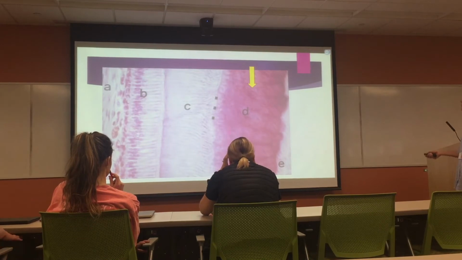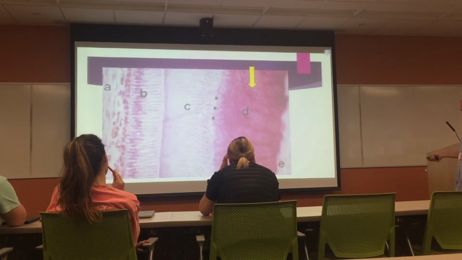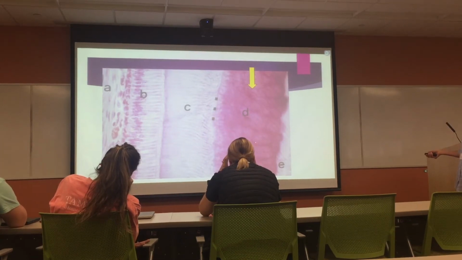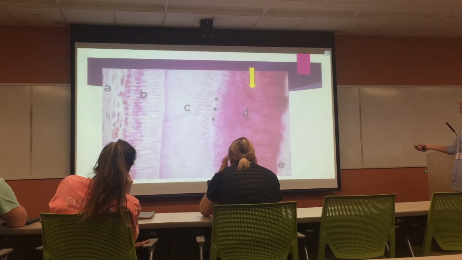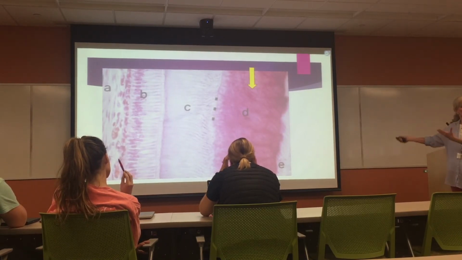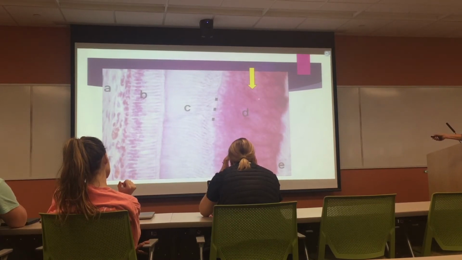What's this area right here? Yep, dentin. You can always tell dentin because sometimes you get, remember the little circular calcospherites? A lot of times in the way it's stained, it almost stains those calcospherites, so you have these little circular areas.